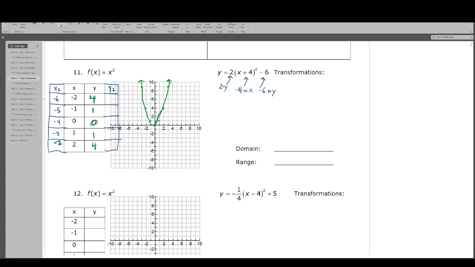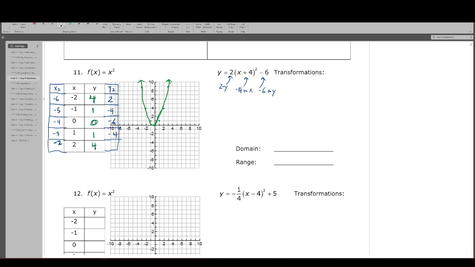So I could do that as 2 separate columns for those transformations, but I'm just going to do them both at once. So 4 times 2 minus 6, that's 8 minus 6, is 2. 1 times 2 minus 6 is negative 4. 0 times 2 minus 6 is negative 6. 1 times 2 minus 6 is negative 4.